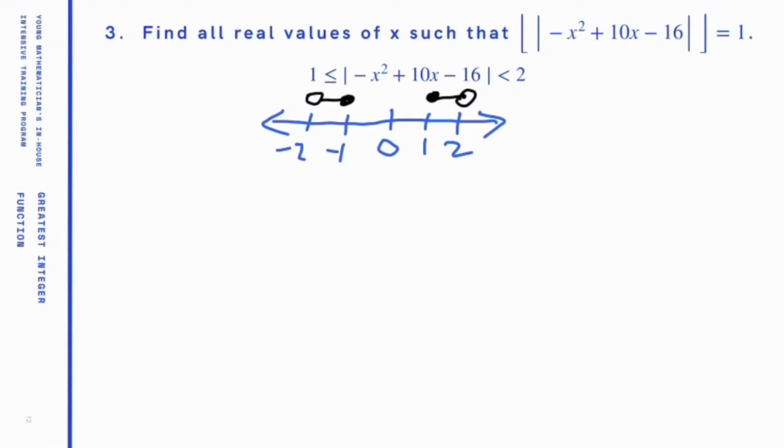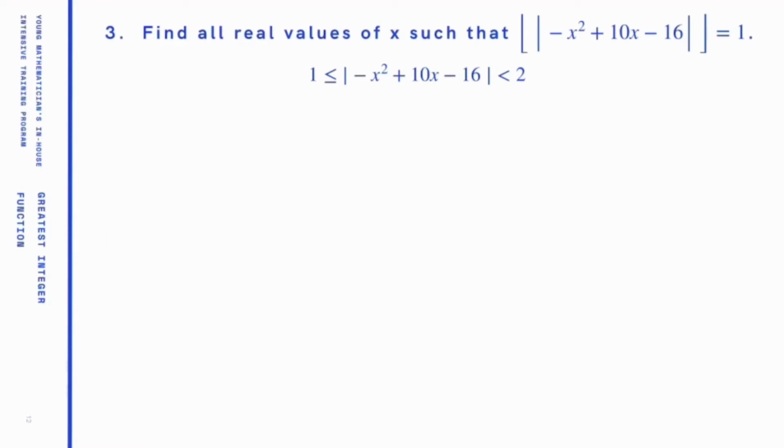So therefore, our expression, negative x squared plus 10x minus 16, are just these values. Writing that as an inequality, we get that negative x squared plus 10x minus 16 is greater than or equal to 1 but less than 2, or negative x squared plus 10x minus 16 is greater than 2 but less than or equal to negative 1.